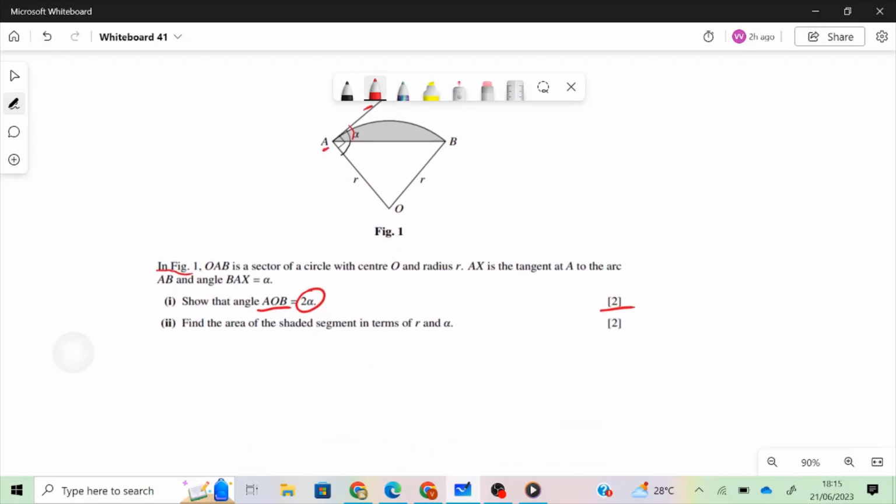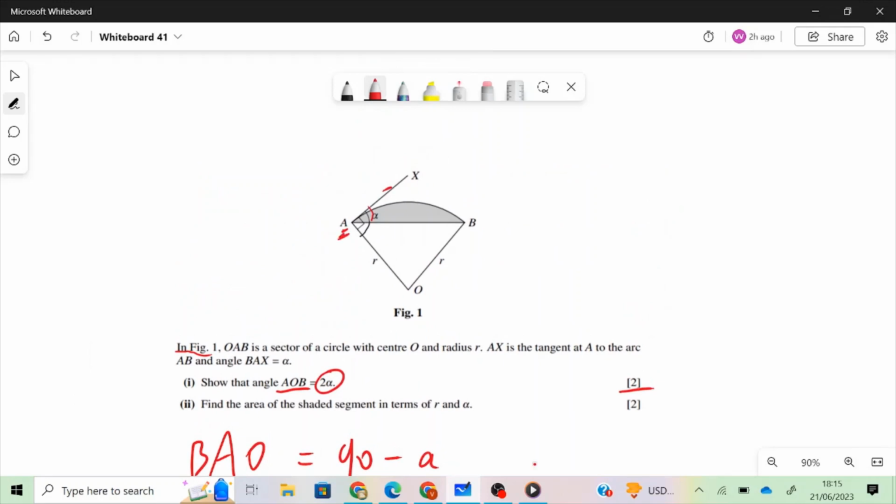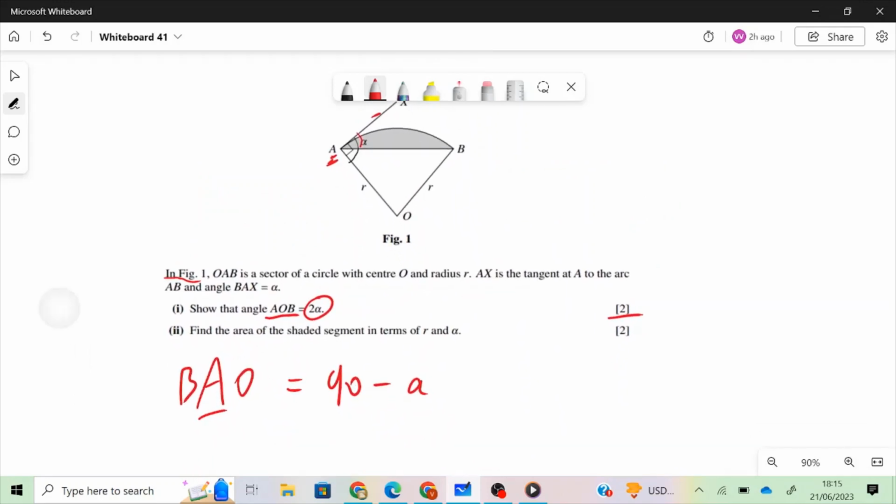So that is angle BAO, the angle of the triangle at A, which is 90 minus alpha.